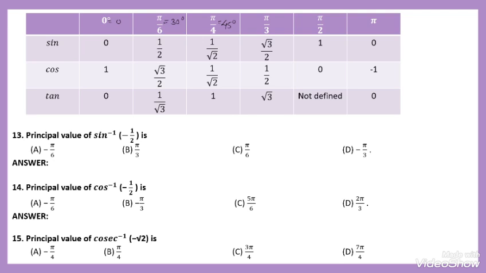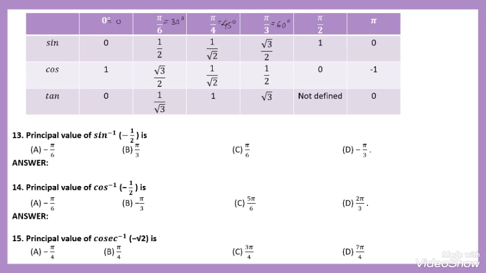And this one, pi by 3, denotes the 60 degree.